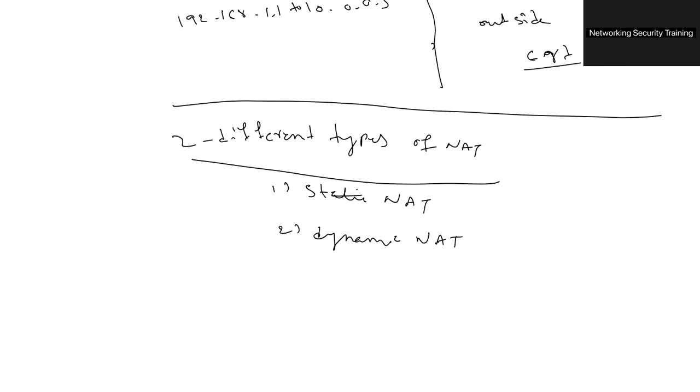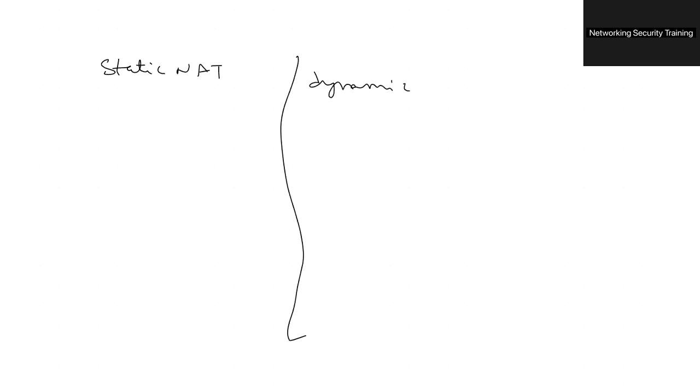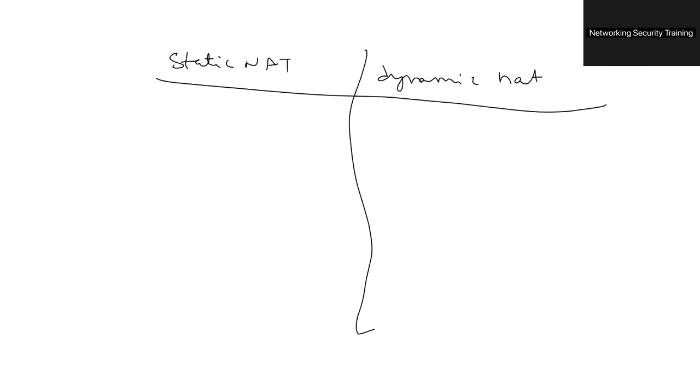What is static NAT? Static NAT maps a single private IP address to a single public IP address.